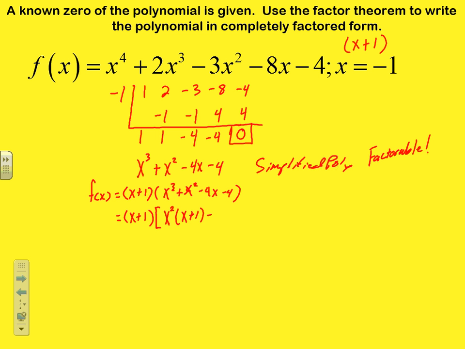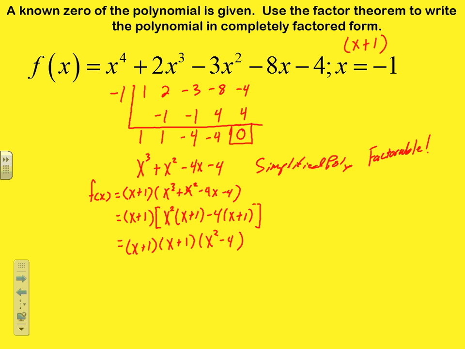And I can factor out a -4 from the second two terms, and I'll be left with a factor of, again, x plus 1. So inside of the brackets, we can factor out the x plus 1 factor from each of the two terms that we have. So now I'll have x plus 1 times x squared minus 4.